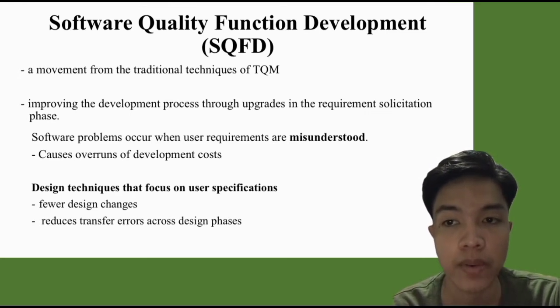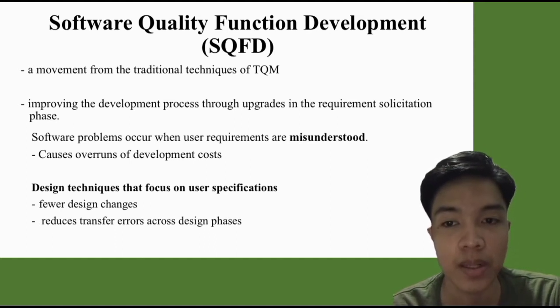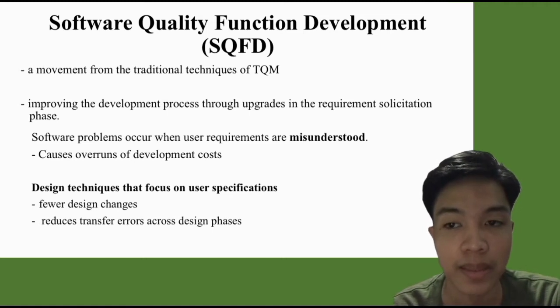Software Quality Function Deployment represents a movement from the traditional techniques of TQM to the software development environment by focusing on improving the development process through upgrades in the requirement solicitation phase.